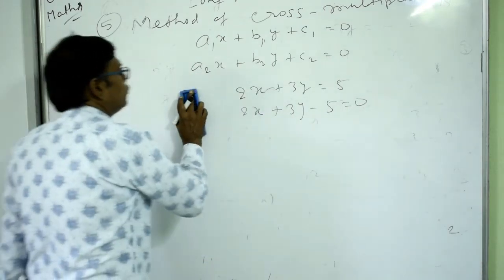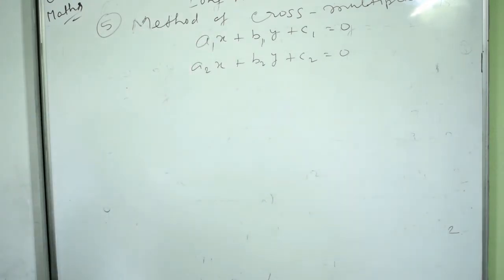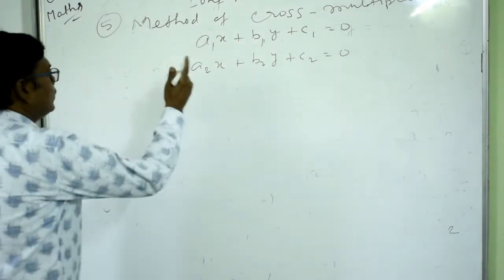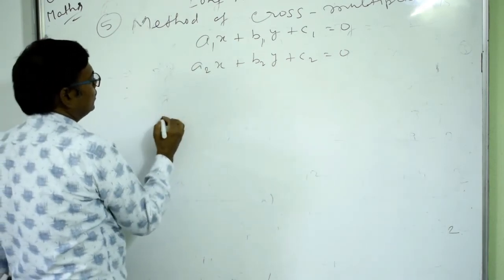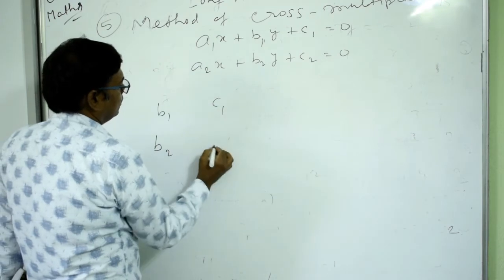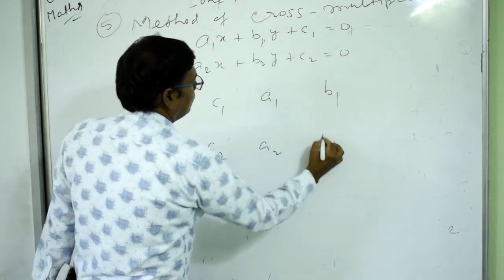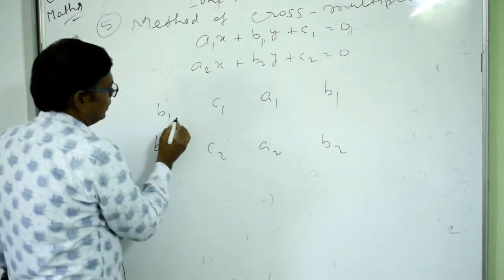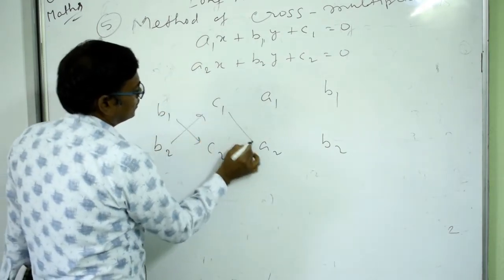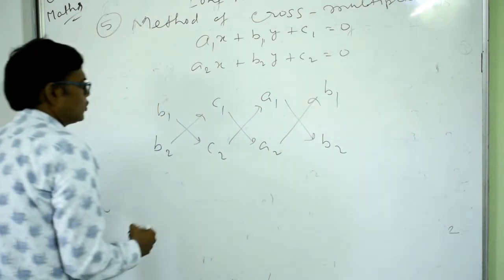Now next, how will you find the solution by using this? Here you will write B1, B2, C1, C2, A1, A2 and B1, B2. And then just draw this diagram like this. Then what is the solution now?